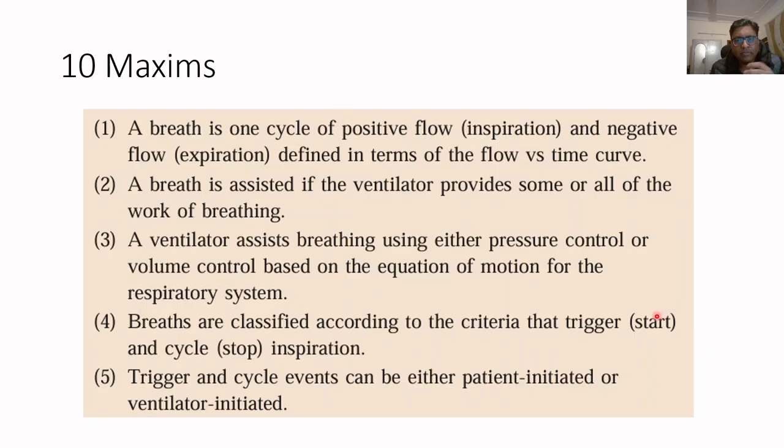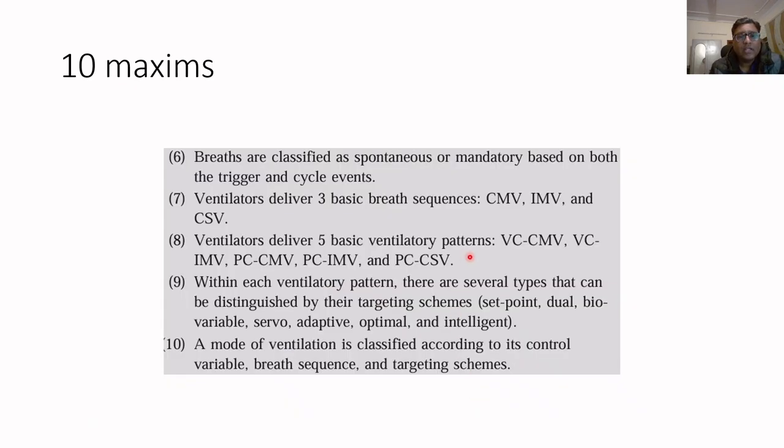The initial 4 or 5 maxims are pretty basic, describing what a breath is, how the breath is assisted, how the ventilator controls the parameter, either pressure or volume, how breaths are classified, and what the trigger and cycle events are. Then the last maxims are the application and condensation of these initial parts, where the difference comes from the conventional teaching or understanding. We specify spontaneous and mandatory breath types and the three basic sequences, and then we combine these two to get the five basic ventilatory patterns.